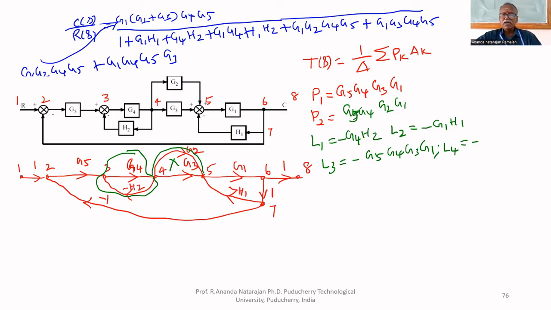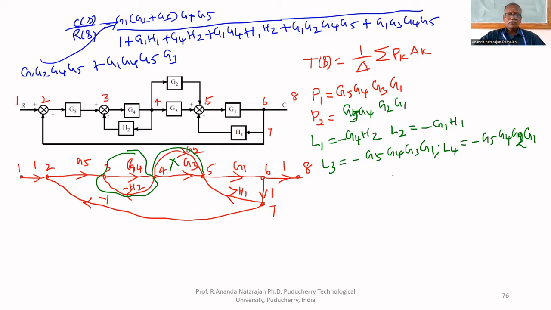Therefore, that can be written as minus G5, G4, G3, G2, G1.